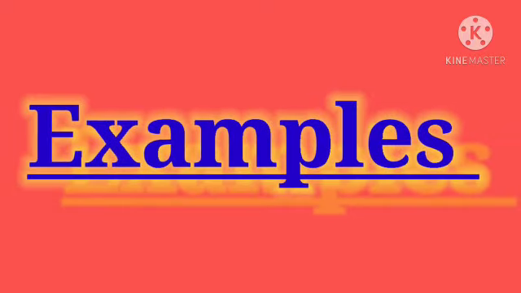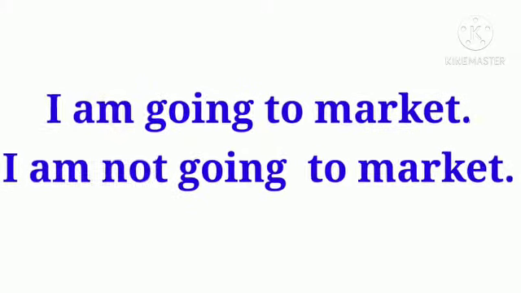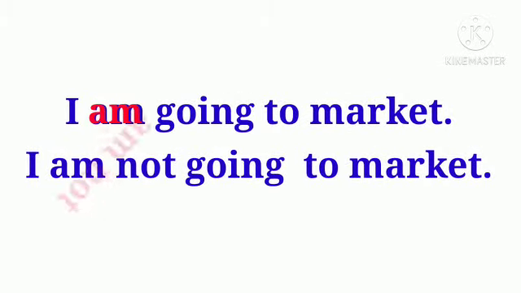Okay. Now we are going to see examples of framing negative sentences. Here is the example. I am going to market. I am not going to market is the negative sentence. Here am is the helping verb, and I added not after am, and the negative sentence is I am not going to market.